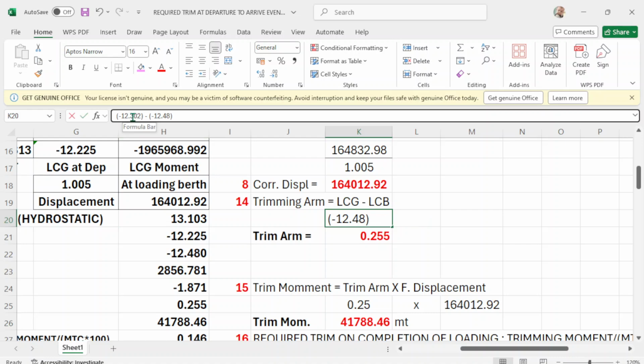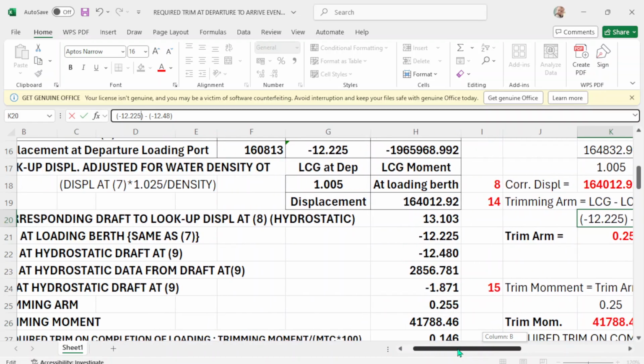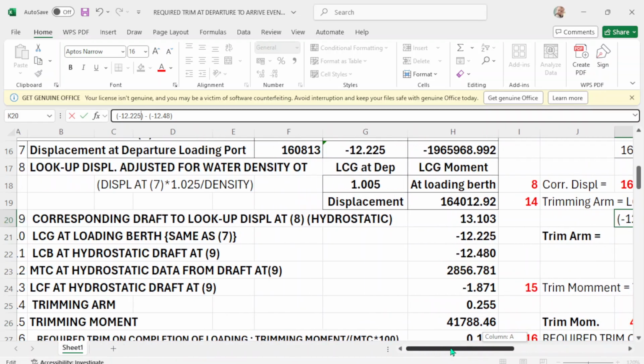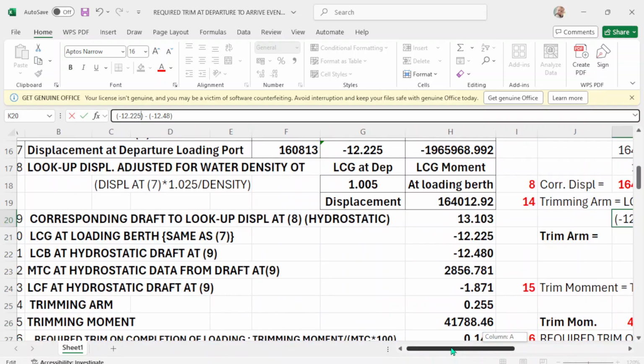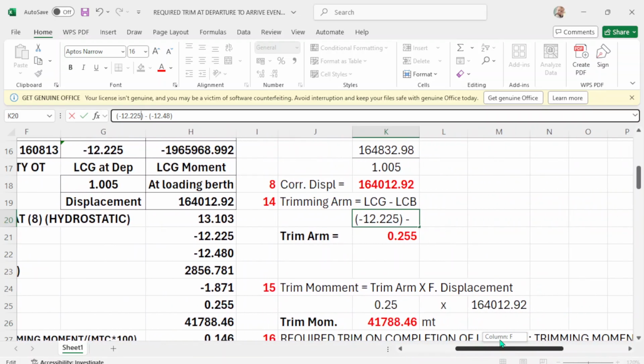Negative 12.225. Your LCB is 12.48. Okay?